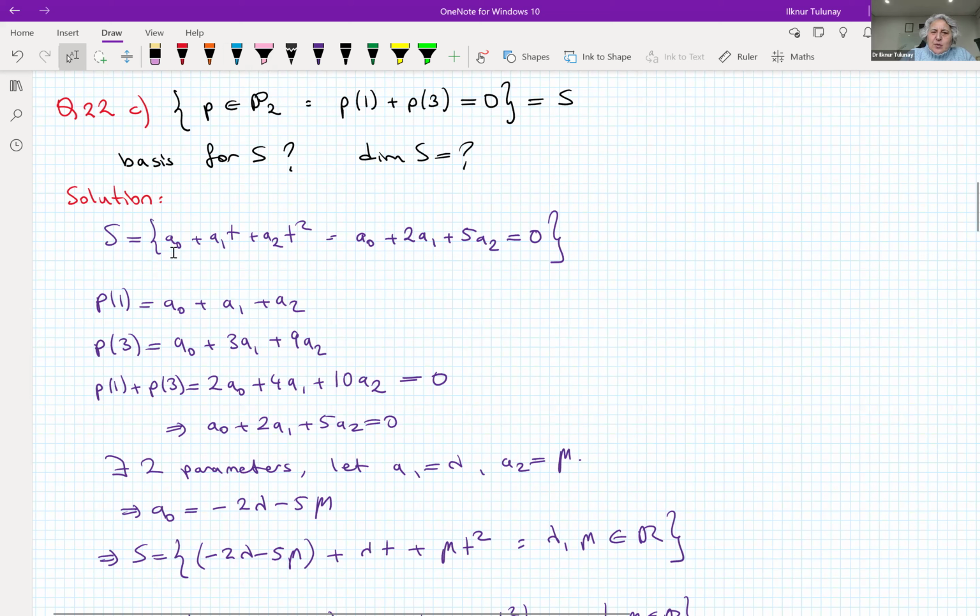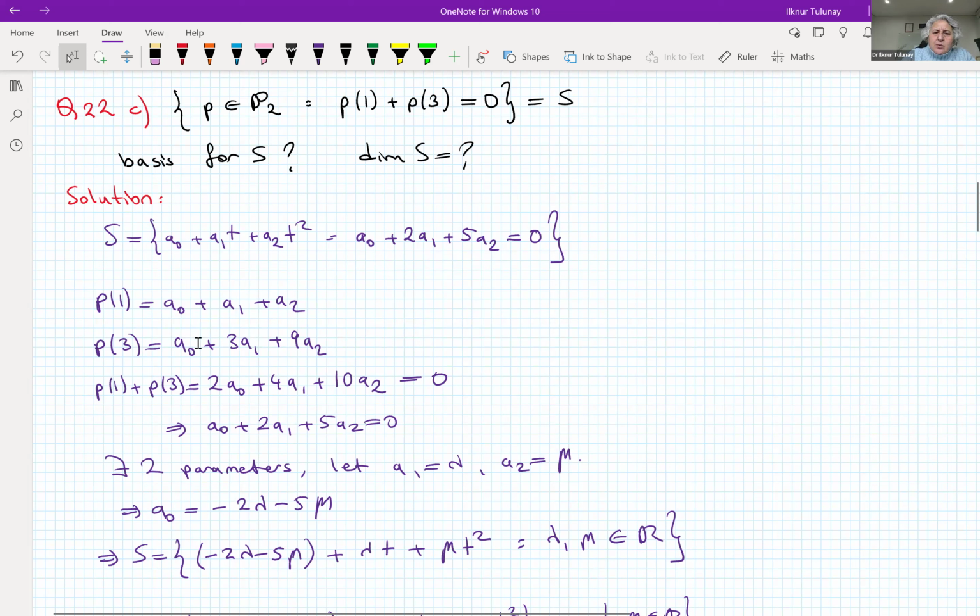So these are the polynomials of this kind, A0 plus A1t plus A2t squared. What is this condition? I'm just writing down here. This calculation is coming from here. P1 is when we put t equal to 1, and P3 when we put t equal to 3.